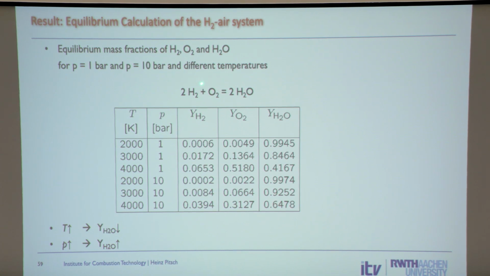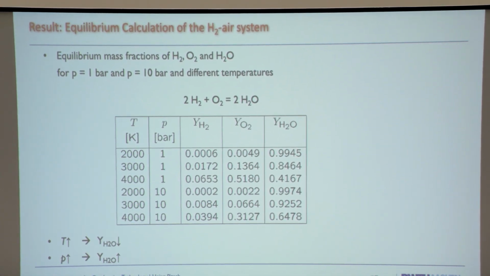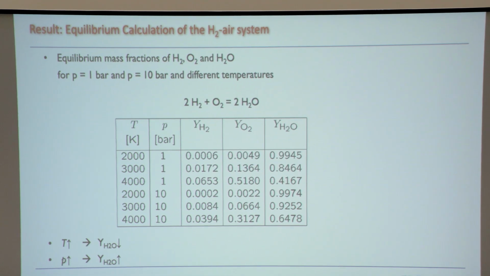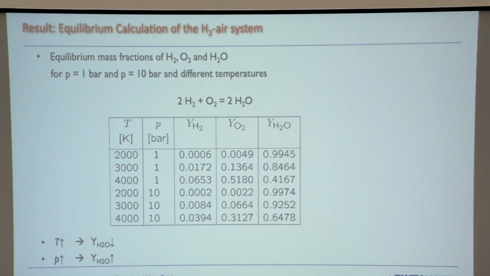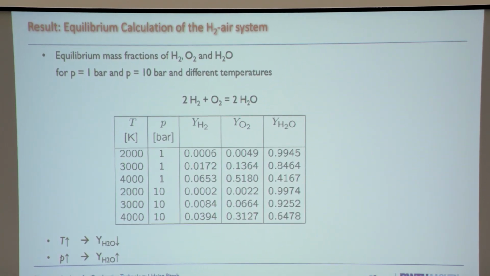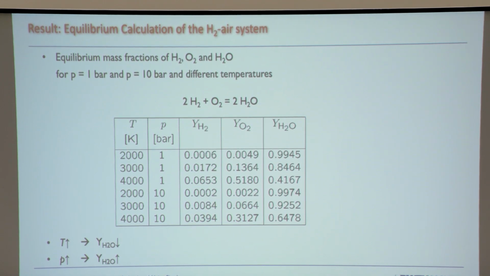Why is that here? Because this is a non-equimolar reaction. We have 3 moles, or 3 molecules, on the left-hand side and 2 molecules on the right-hand side. So if this reaction proceeds, you start out with a large number of molecules and go to a smaller number of molecules, which means the pressure in the system goes down, I mean for a constant volume system.